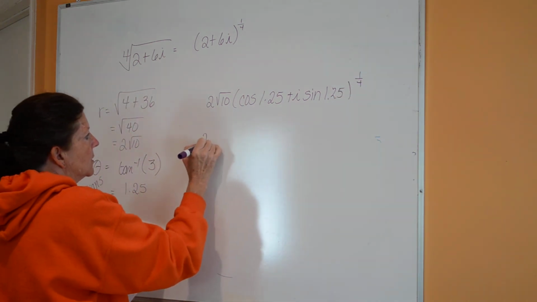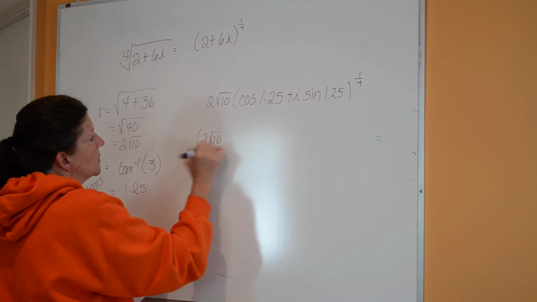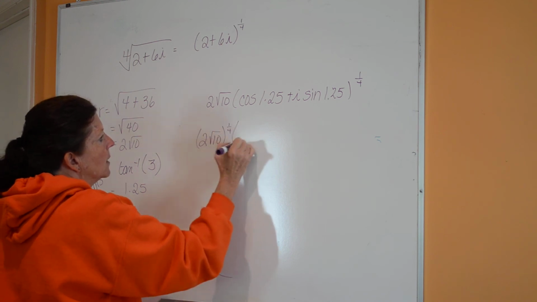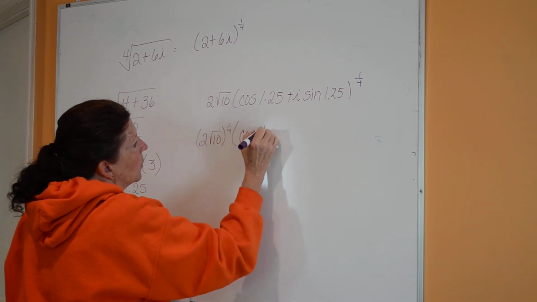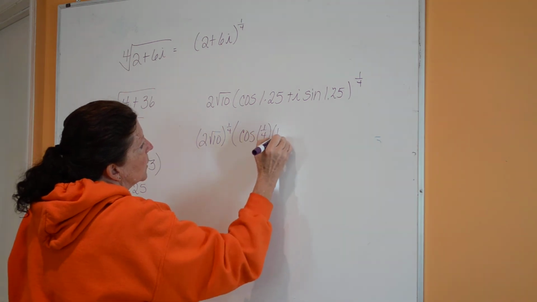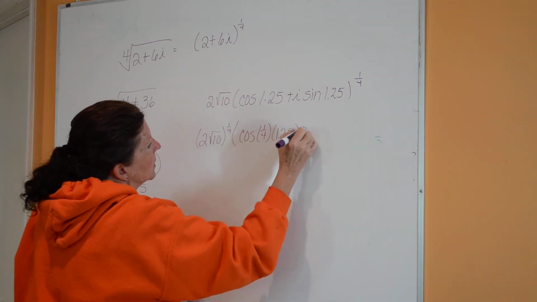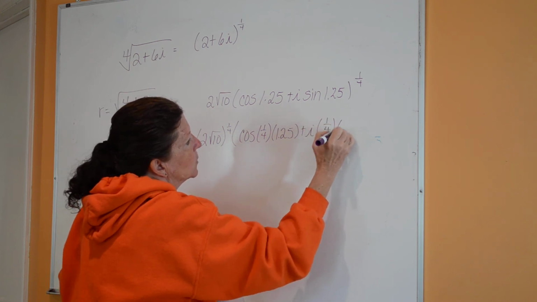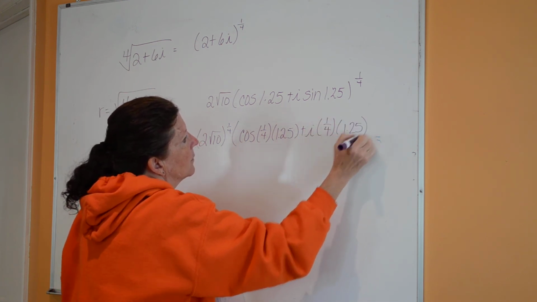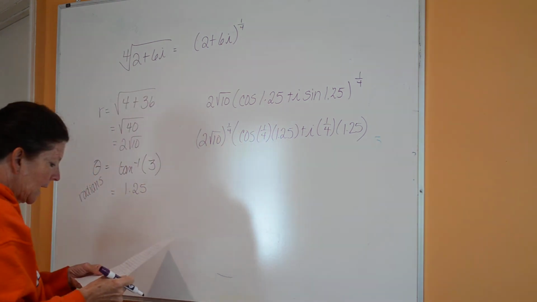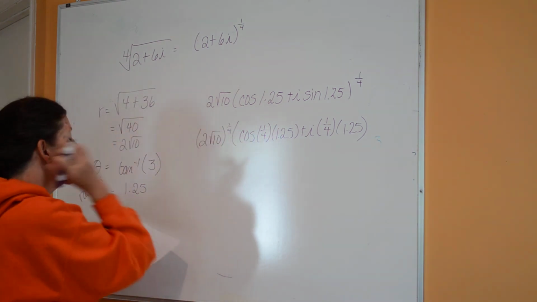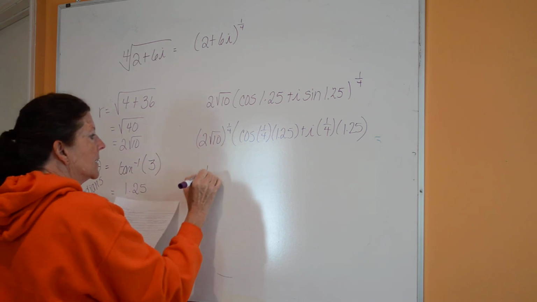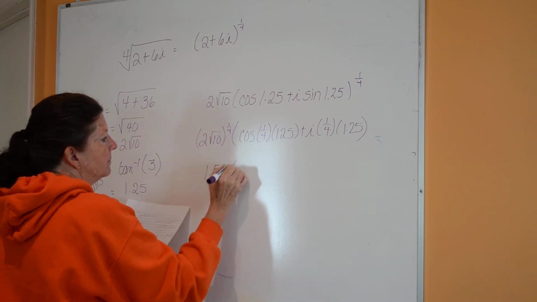So this is going to be 2 times the square root of 10 to the 1/4 power times the cosine of 1/4 times 1.25 plus i times the sine of 1/4 times 1.25. Okay, and I'm going to have to work that out on my calculator. That is equal to 1.59.